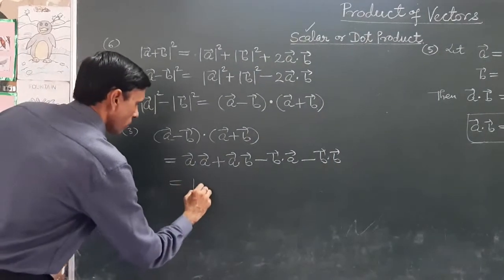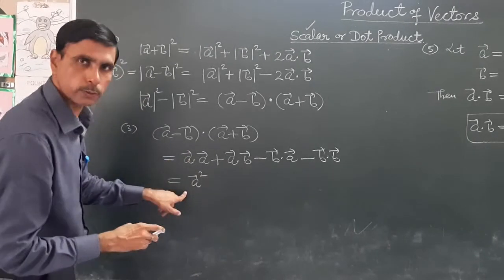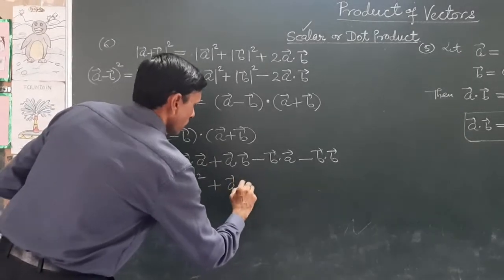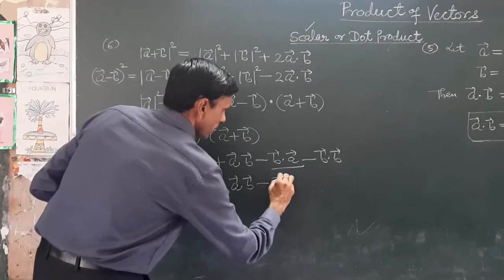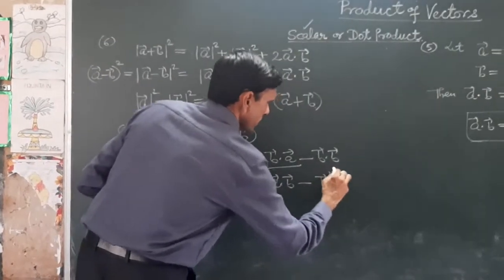You know a dot a वेक्टर स्क्वायर, आप डायरेक्ट मॉडुलस स्क्वायर लिख सकते हो, प्लस a dot b. You know b dot a and a dot b are same, and this is b square.